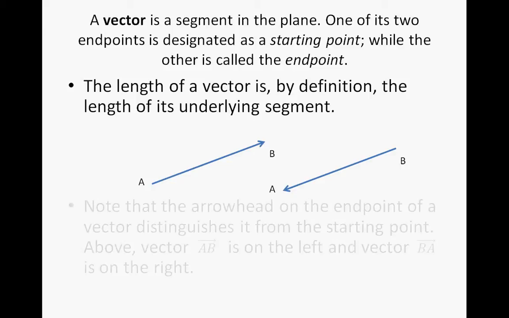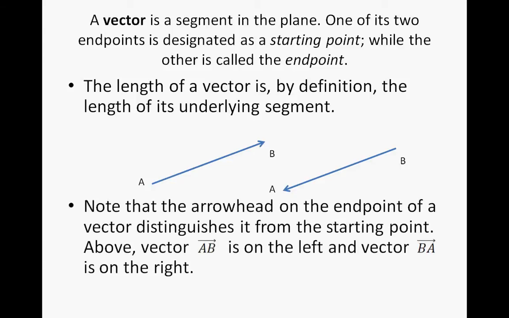Likewise, a vector with a starting point of B and an endpoint of A is denoted vector BA. As you can see here, this is vector AB, A being the starting point and B being the endpoint. This would be vector BA, B being the starting point and A being the endpoint.